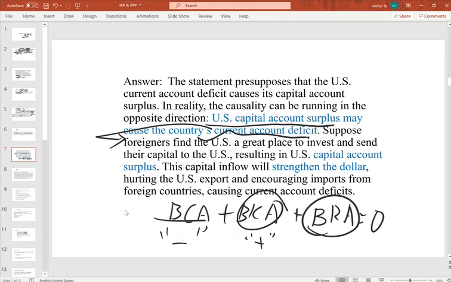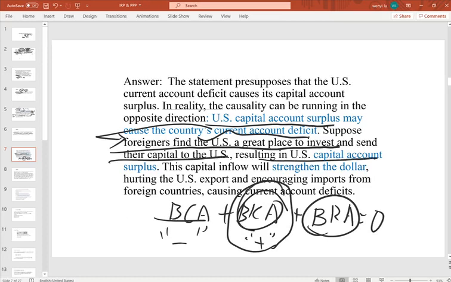For example, the US has a very good financial environment, a very good stock market and foreign exchange market. So other foreign investors find the US a good place to invest, so they will send their capital into the US, and this will cause our capital account to be in surplus.